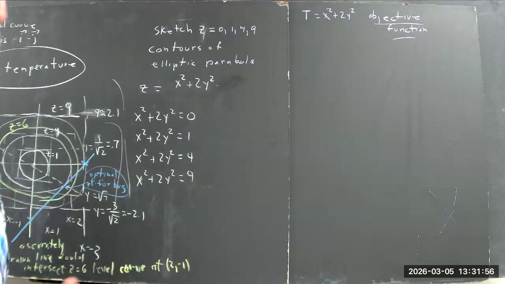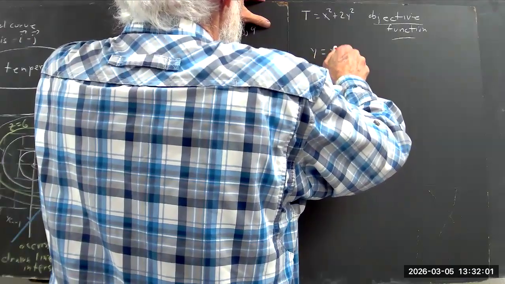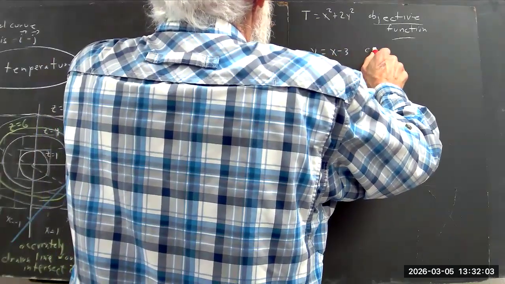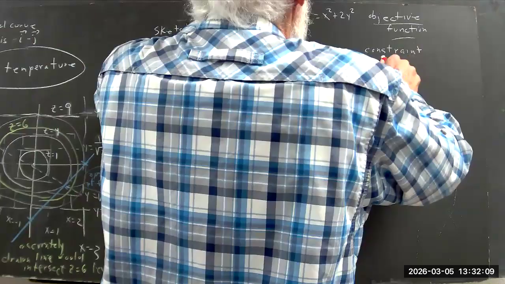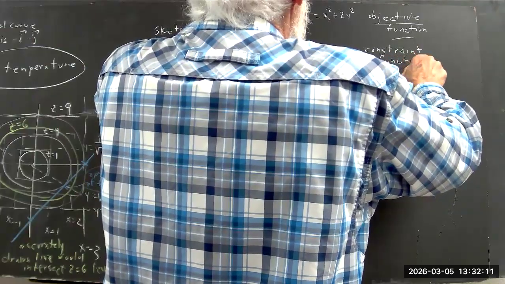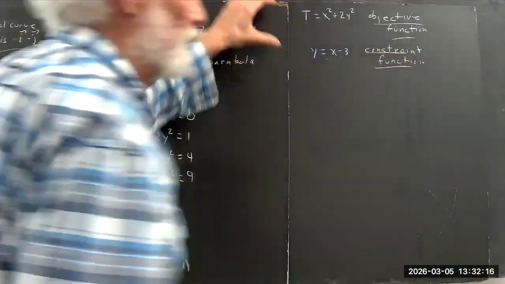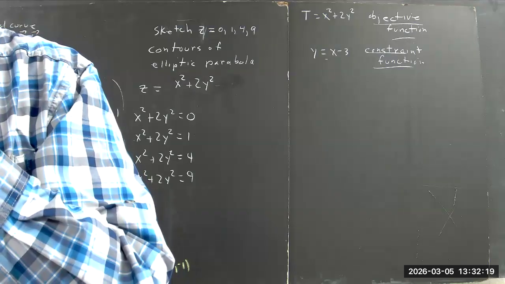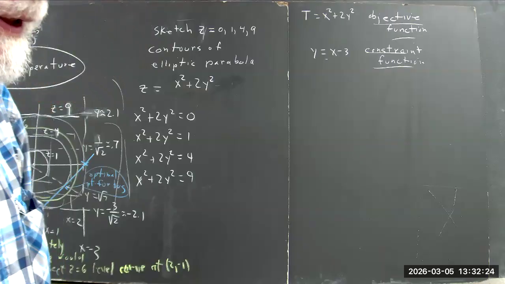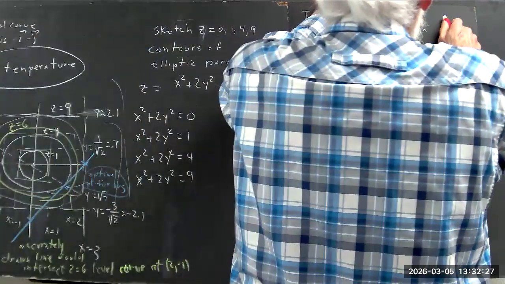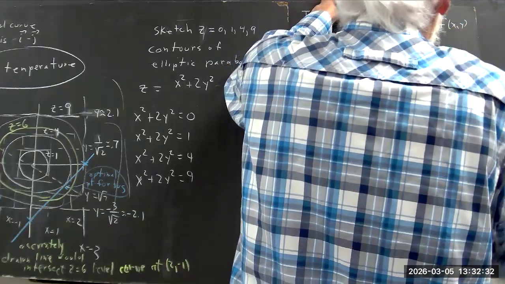Okay. Or y equals x minus 3 was an example of a constraint function. Now we want to do this for an objective function. We're going to call the objective function f of x, y.